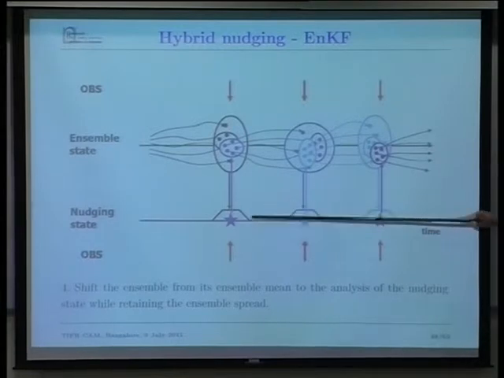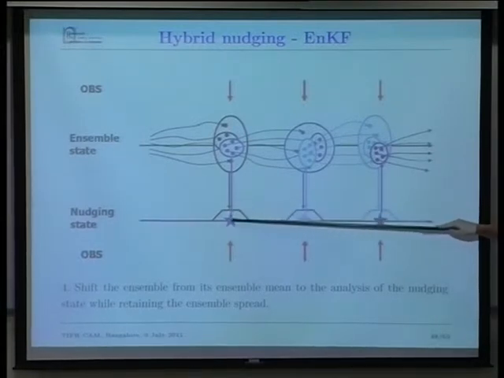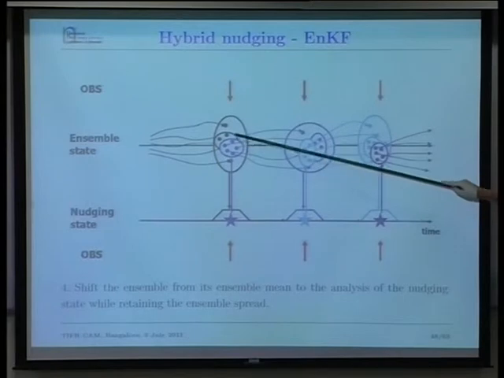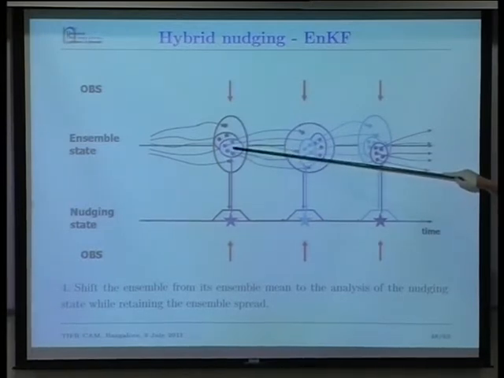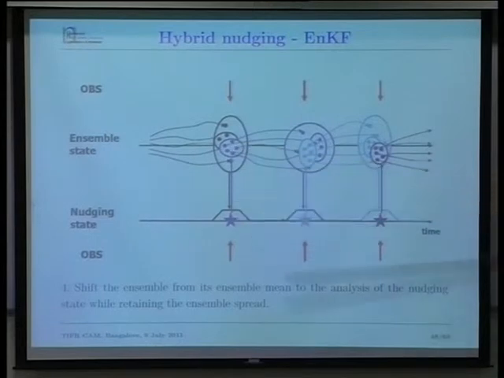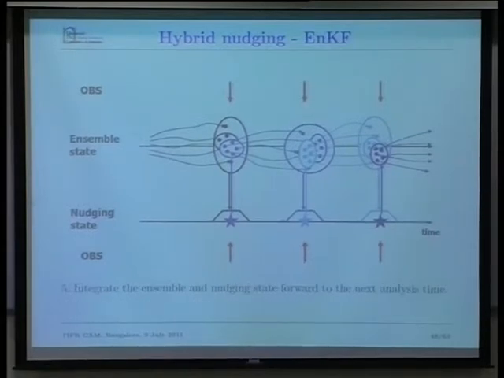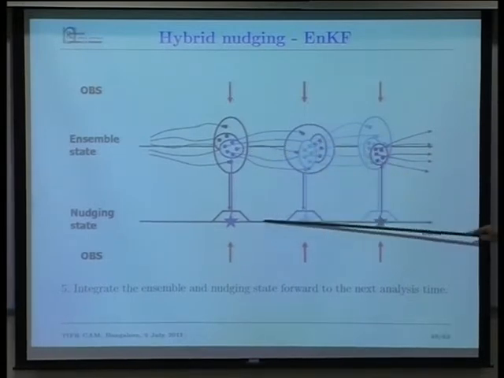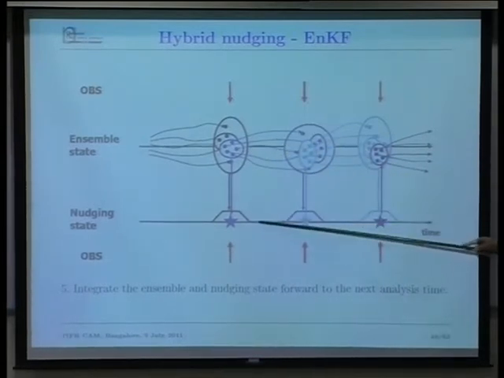So you use the nudging state that was computed with the help of the Kalman gain matrix to shift from the black to the blue so that the mean of your ensemble is exactly the nudging state. You just shift, and then you integrate in time to get the new ensemble forecast and the nudging state also.